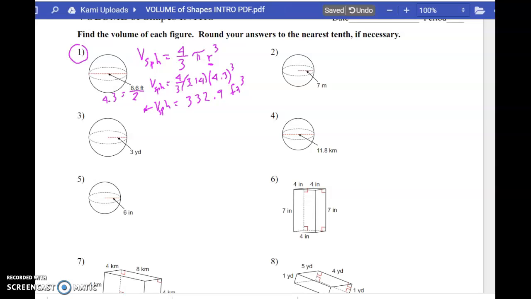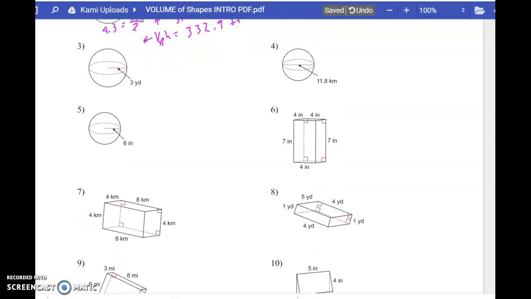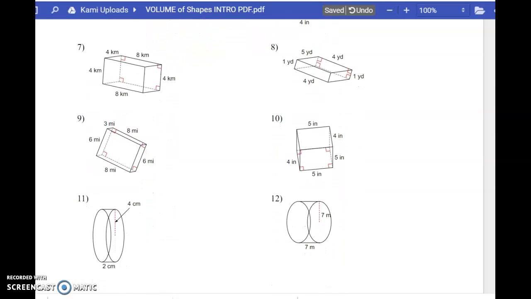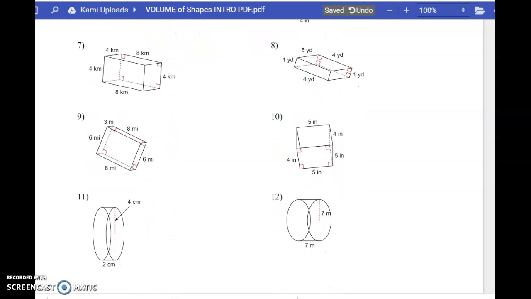If we move down, we have a box, also known as a rectangular prism. Write that out for you, rectangular prism.